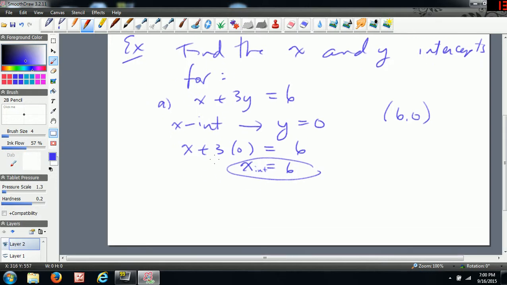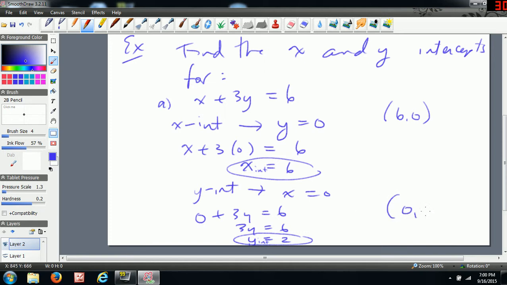Now, for our y-intercept, we're going to set x equal to 0. So then we get 0 plus 3y equals 6. Solving for y, we get 3y equals 6. Divide both sides by 3. y equals 2. So that's our y-intercept. That means the line crosses the y-axis at the point 0, 2.